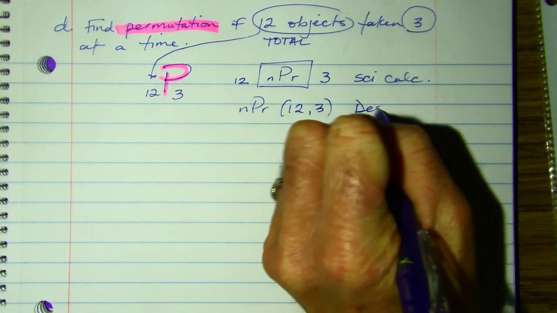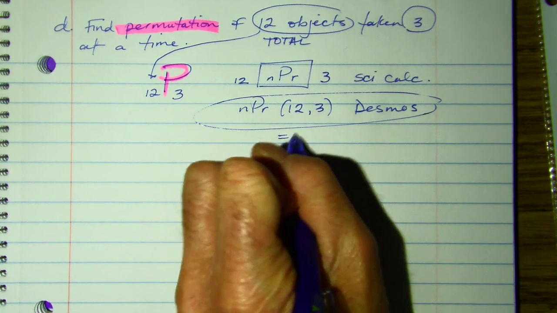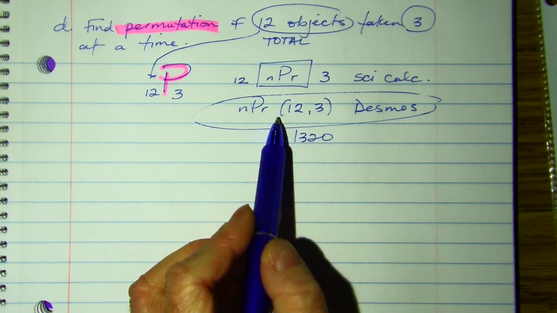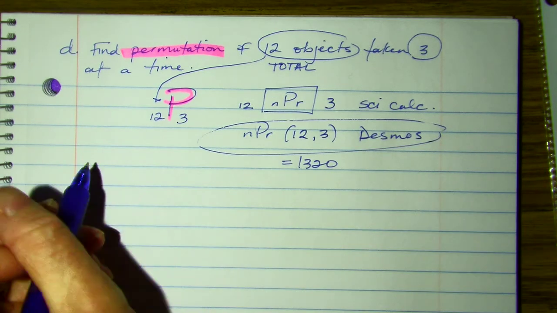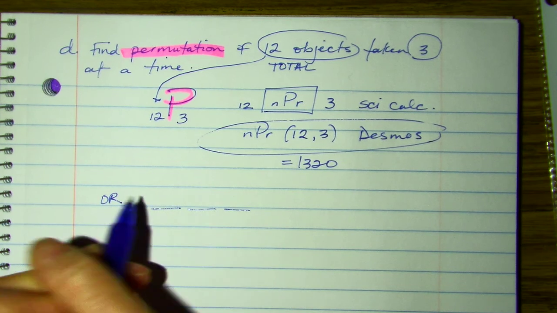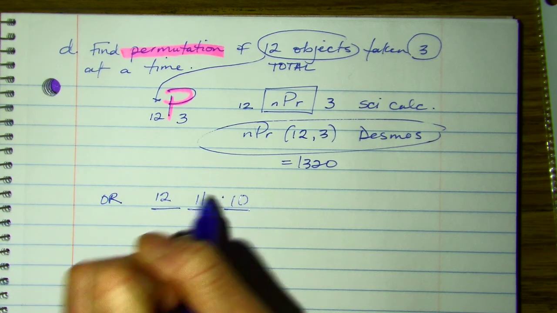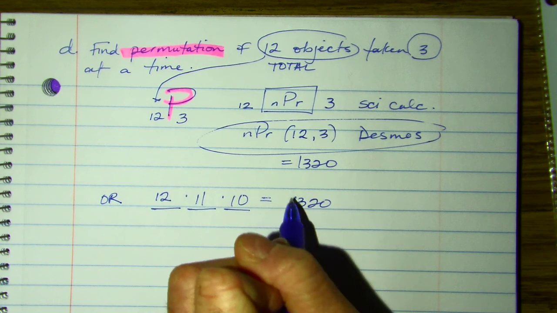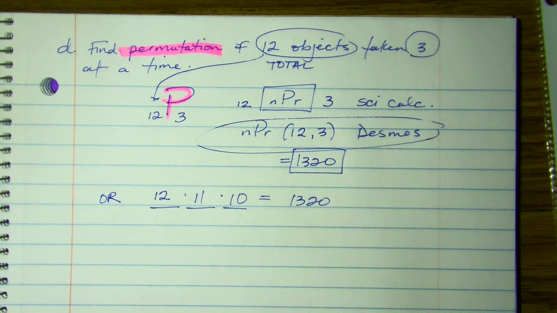That's Desmos. And I used this method, and I got 1320. So that is how you would enter it in Desmos. Another way of doing it, if I'm taking 12 objects taken 3 at a time, I've got 3 spots to fill in, but I have a total of 12 times 11 times 10, which would also give me 1320. So either way you do it, you should get an answer of 1320.